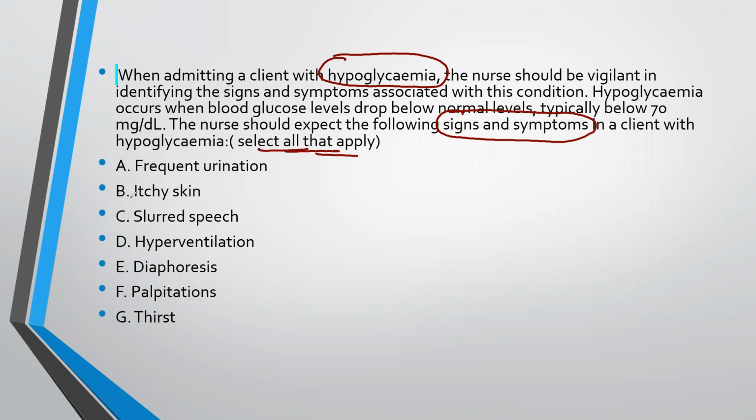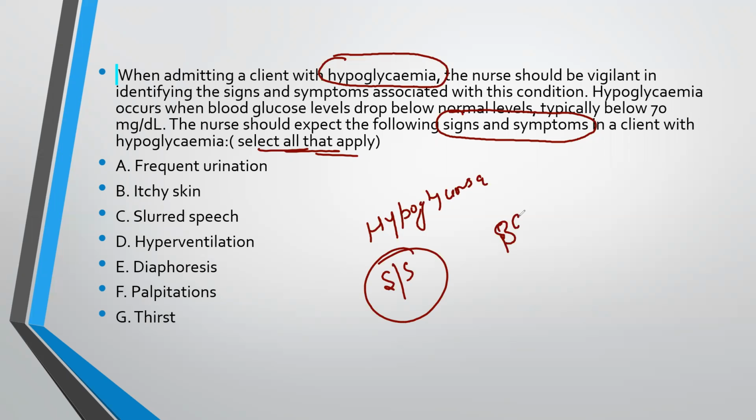The SATA options are frequent urination, itchy skin, slurred speech, hyperventilation, diaphoresis, palpitation, and thirst. So the condition given is hypoglycemia, and we have to find out the signs and symptoms specifically when the blood glucose level is less than 70 mg per dL.